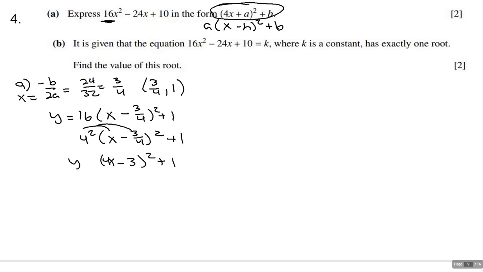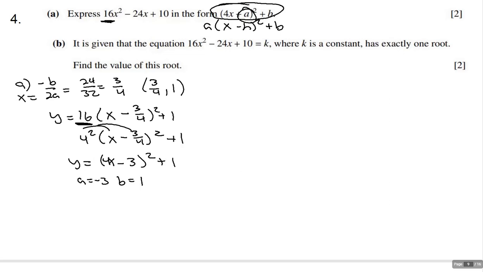And so then, if I want to do it in the way they're talking about it, a is going to equal negative 3, and b is going to equal 1. All right, so put it in vertex form. If there's a number on the inside, then this number is going to be a perfect square.